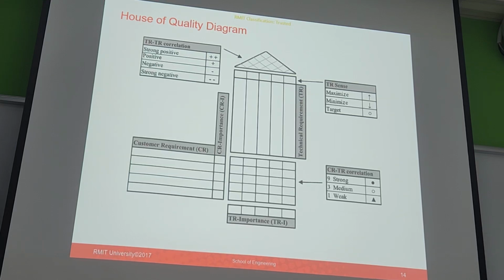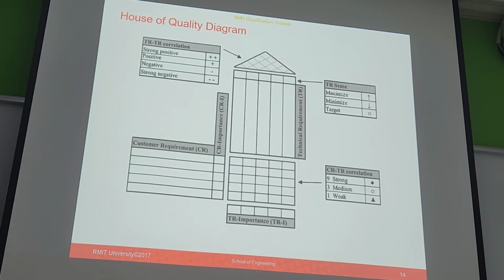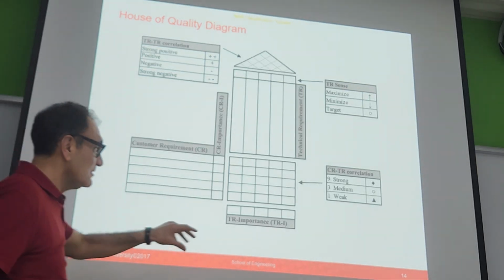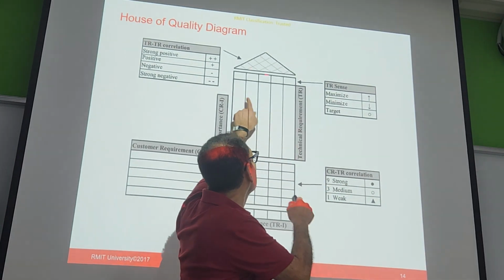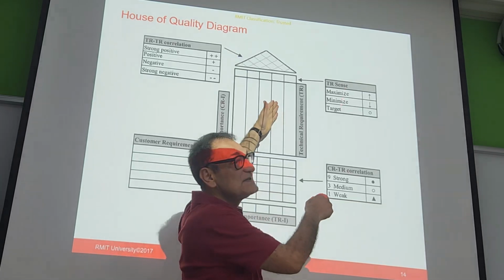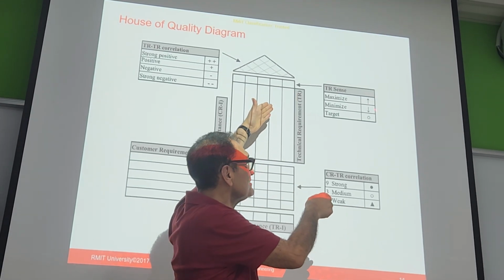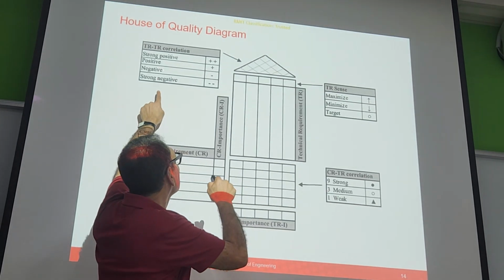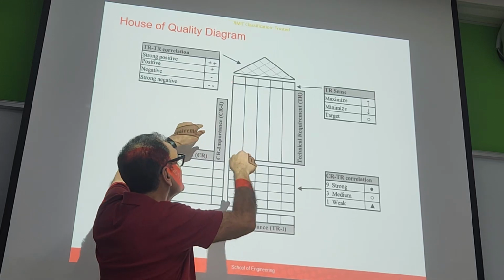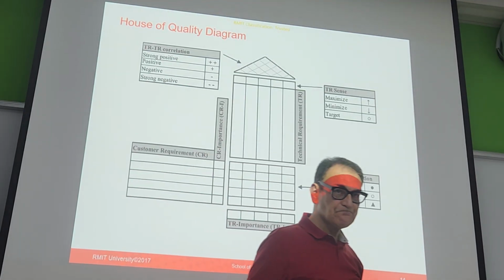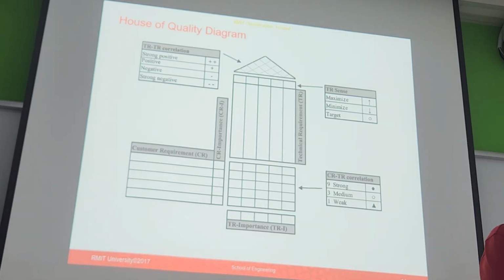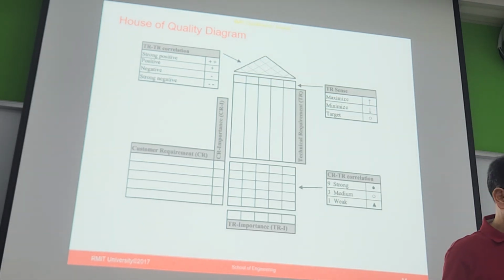Because I don't like confusion. I use a different shape. For correlation, we use this. For the sense, it means maximum minimum, we use this shape. And for the correlation between this technical and this technical, we use this correlation. Okay? Is that correct? You understand?